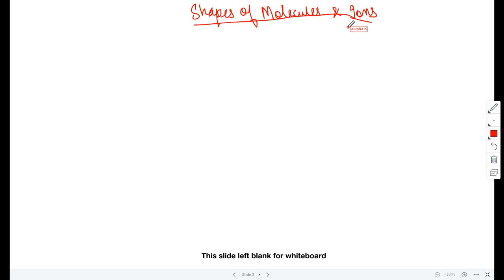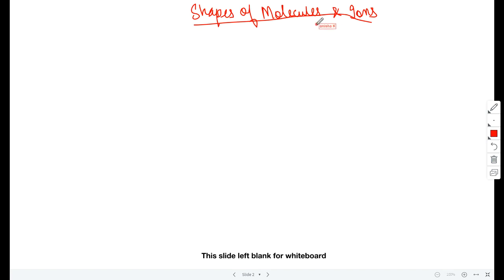Ions is where it has a charge, and a molecule is like a group of atoms.